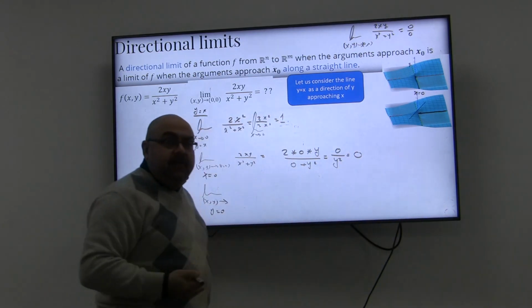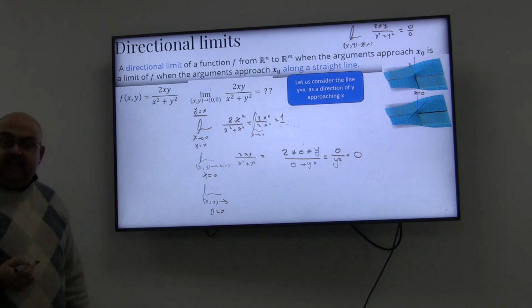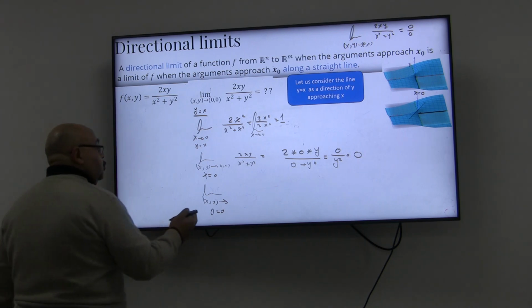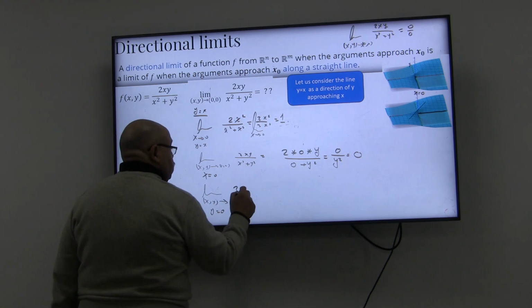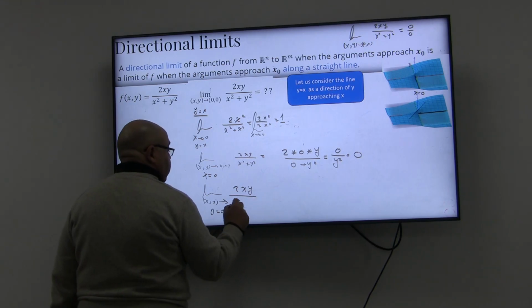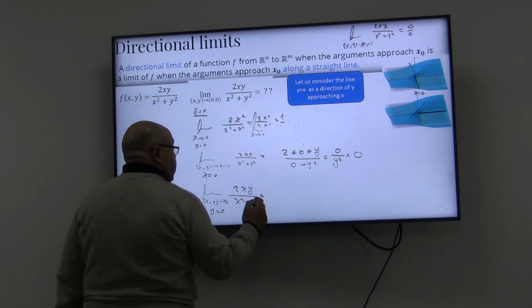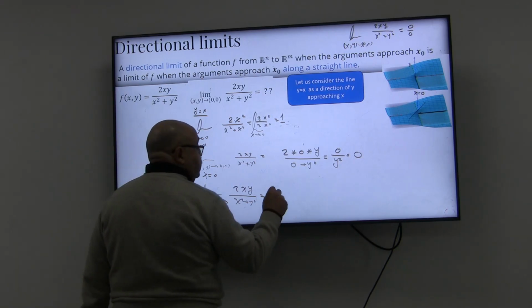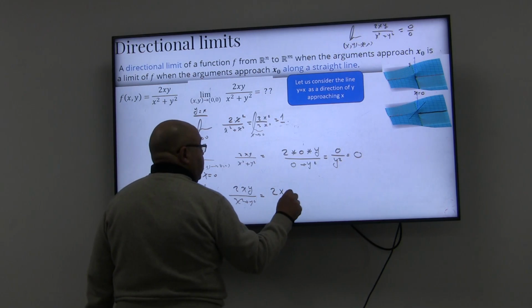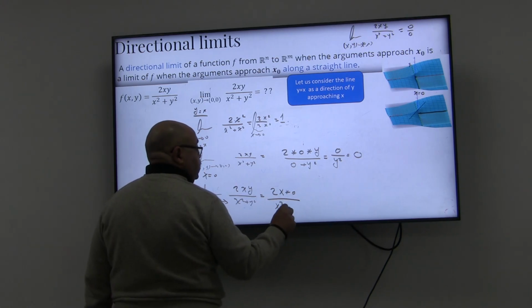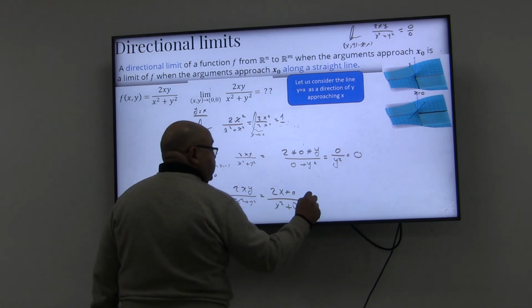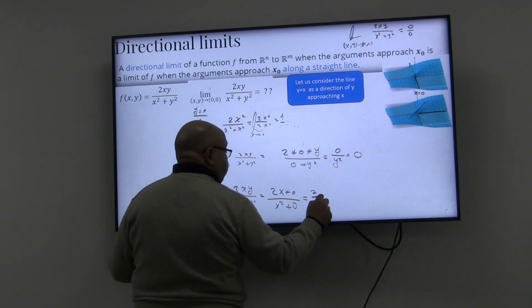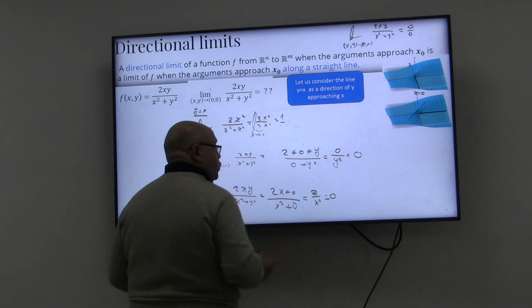For 2xy divided by x squared plus y squared, try to substitute: it's going to be 2x times 0 divided by x squared plus 0, so the result will be 0 divided by x squared, which is also 0.